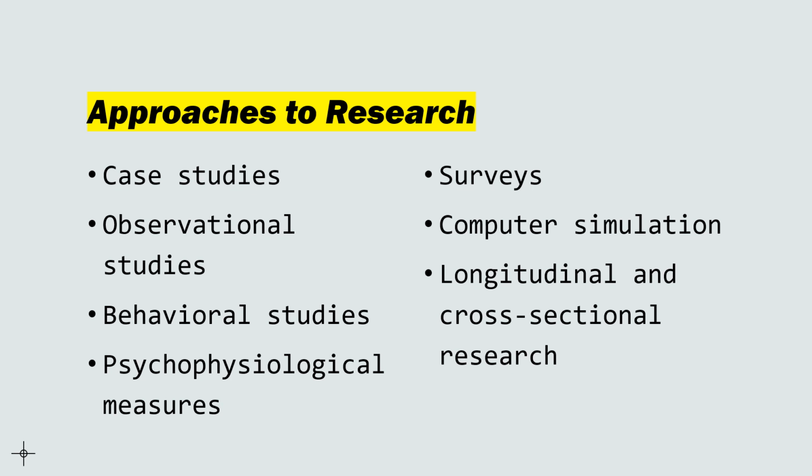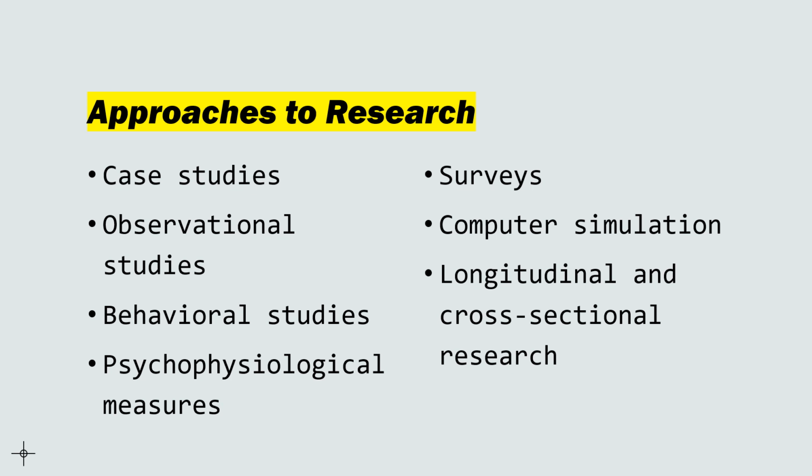Maybe the face would be upside down, or maybe I would blur out the eyes, or do different things to the face to make it harder or easier to recognize. Then they, on a computer, have to indicate in some way who the person is. That would be a behavioral study. I'm basically measuring their performance on a task, so behavioral studies often look like tests of some nature. This is a really broad type of study you can do, so that one's pretty broad.